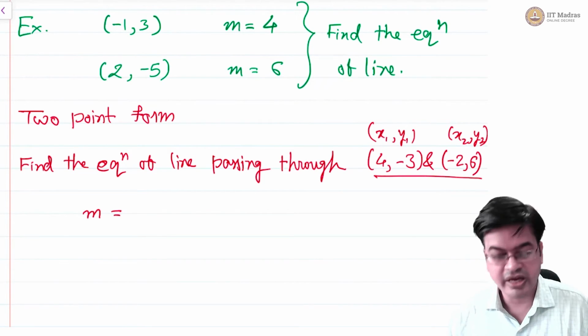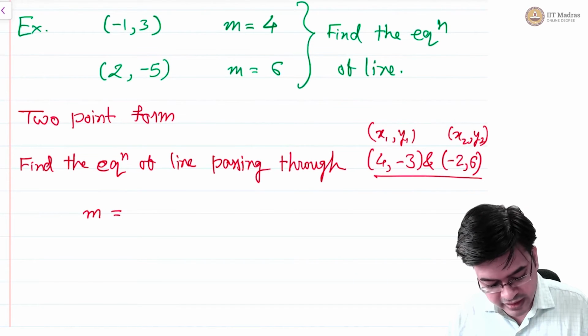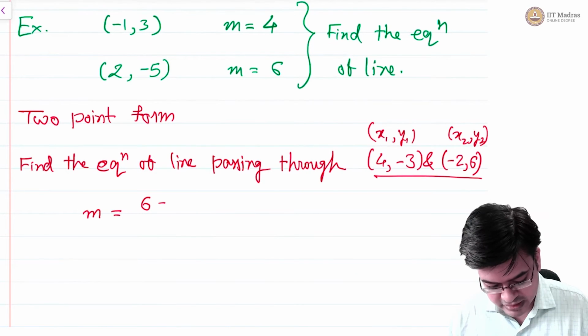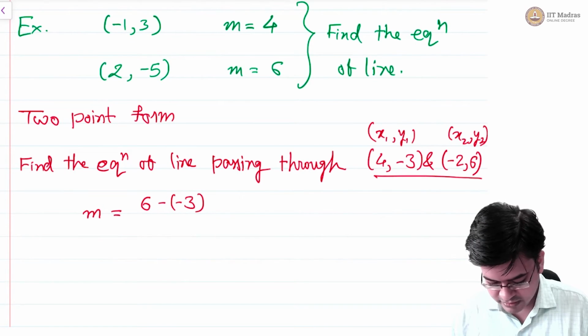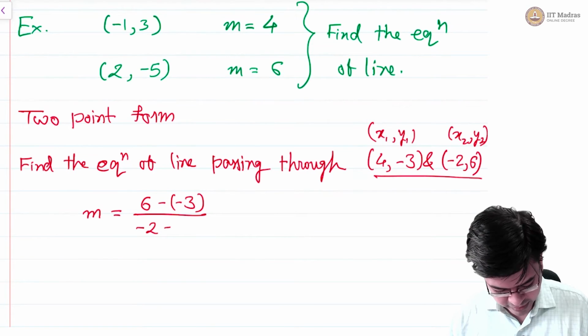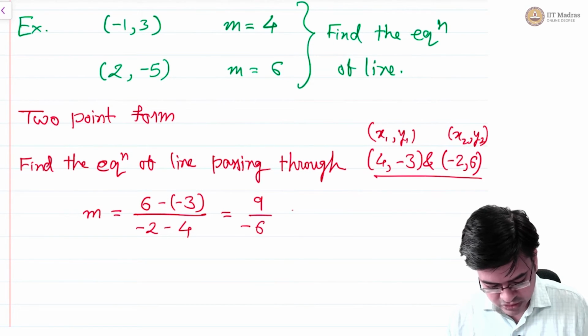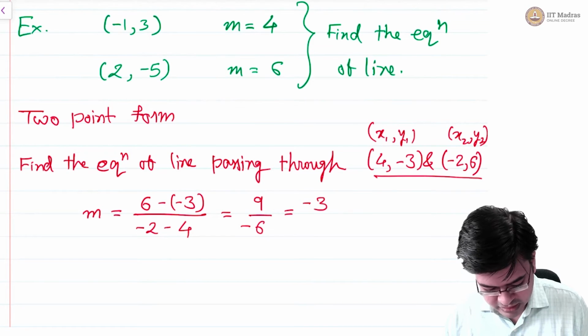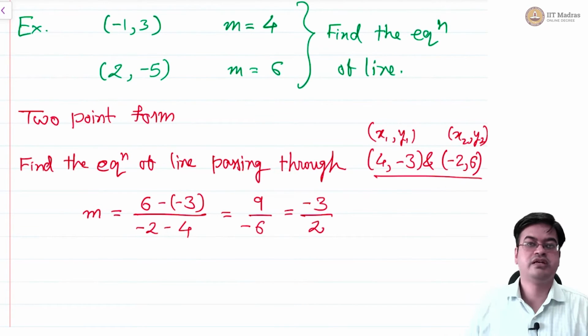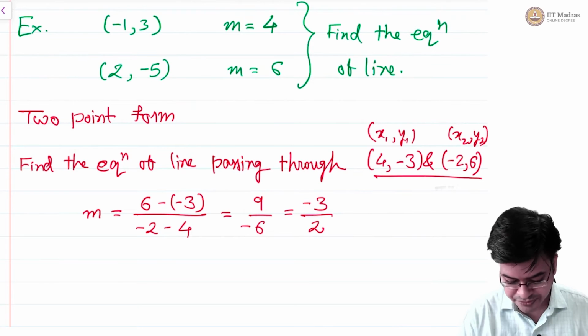So y2 minus y1 will naturally be 6 minus (-3) upon x2 minus x1, which is -2 minus 4. So this gives me 9 and this gives me -6. So this is nothing but -3 by 2. That is the slope of the given line.